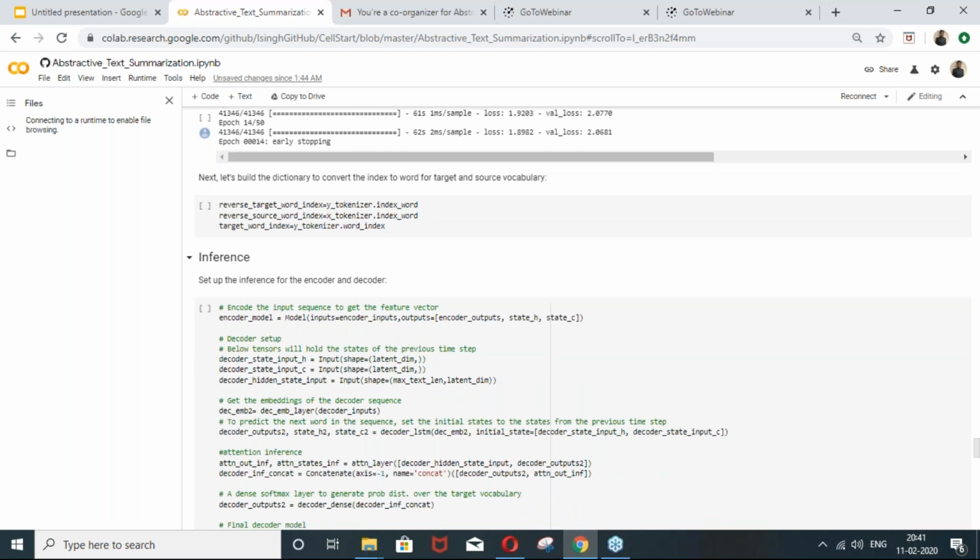Okay, so the thing is that we build a dictionary. What we are actually doing in the source vocabulary is building the dictionary to convert the index of the word to the target and source.